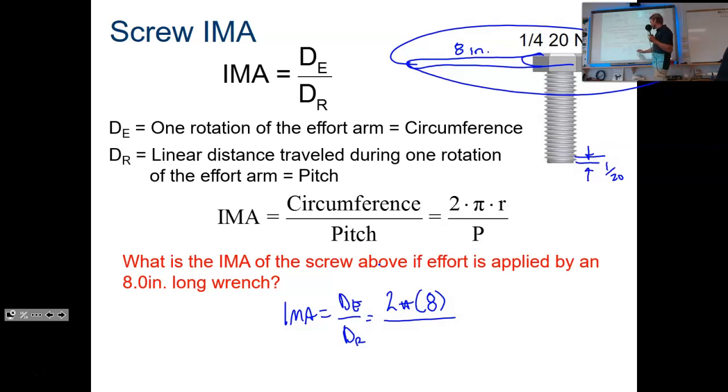So that's 1/20, or 0.05 if you really wanted to put it as a decimal. So I'm going to take my calculator and take 16 pi, which is 50.3. And then 1/20, I said before, was 0.05. And I'm going to divide those things.